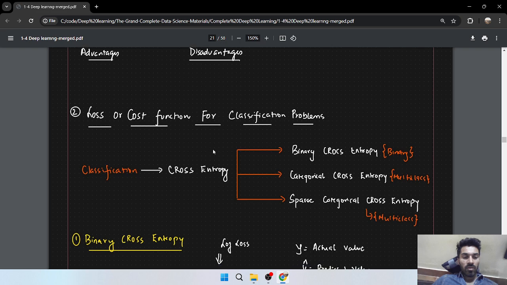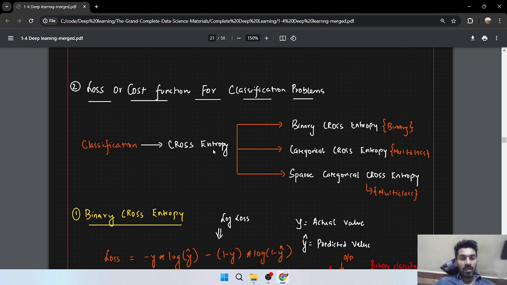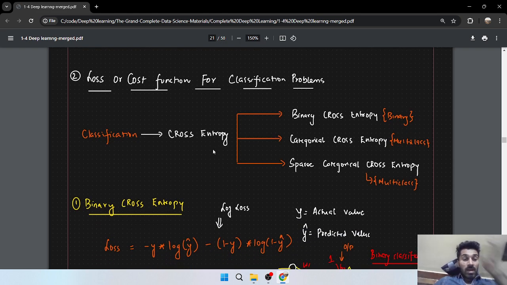Now coming to loss or cost functions for classification problems. Suppose we are doing a classification, binary or multi-class, then we have errors like cross entropy: binary cross entropy, categorical cross entropy, and sparse categorical cross entropy.